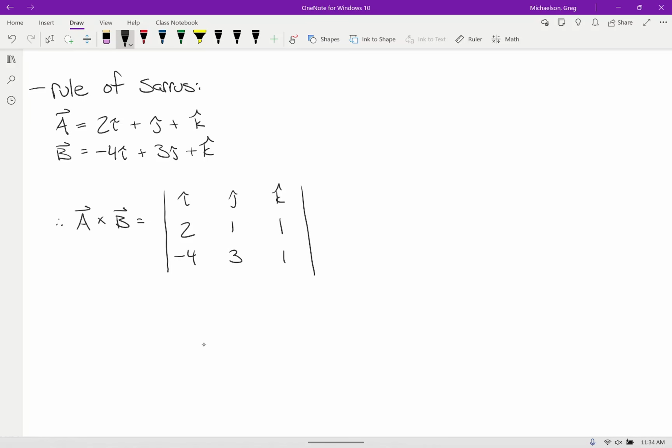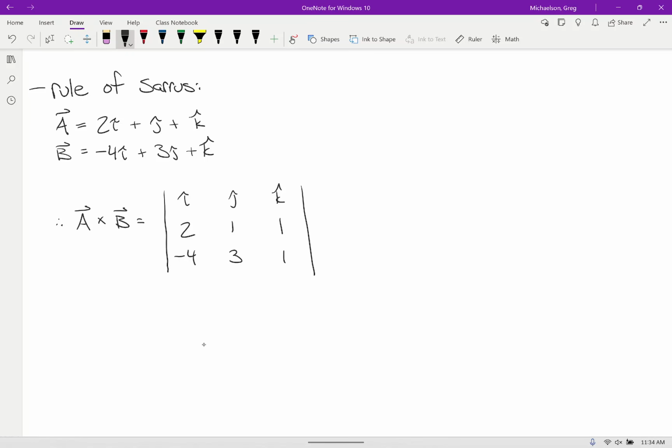By the way, for both methods, we do write it in this determinant fashion. Really, these two methods are simple ways of computing these determinants. So how does the first method work?